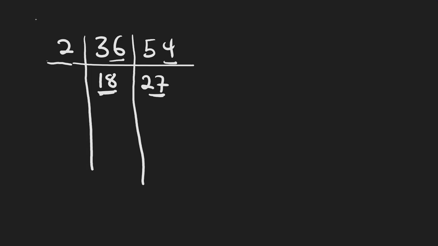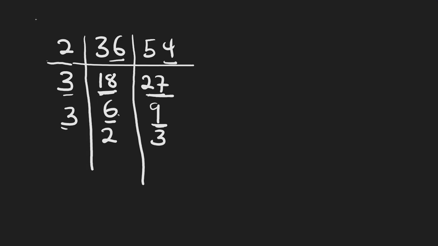Can 3 divide 18? Yes. How many times? 6. Can 3 divide 27? Yes. How many times? 9. So we are allowed to use 3 here. 18 divided by 3 is 6, and 27 divided by 3 is 9. Can 3 go? Yes, 3 can still go here and here. So we are allowed to use 3. 6 divided by 3 is 2, and 9 divided by 3 is what? 3.